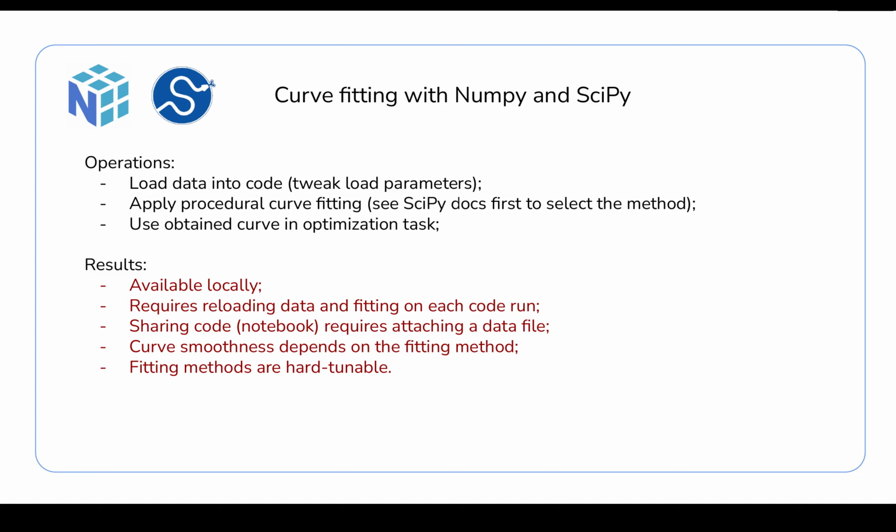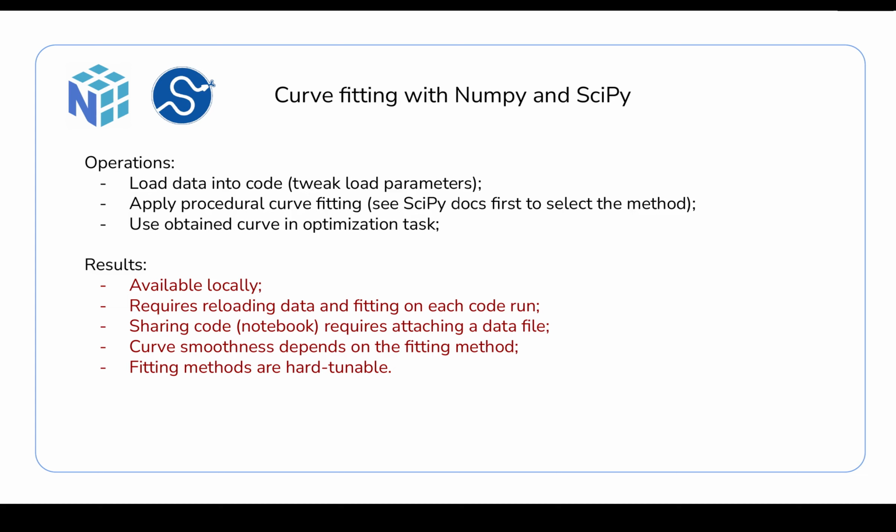So data files have to be there. And each time that we rerun our code, SciPy goes and finds the fit again and again. So imagine you have lots of data files, lots of data, and it will take time and resources each time you run the code to find the fit.